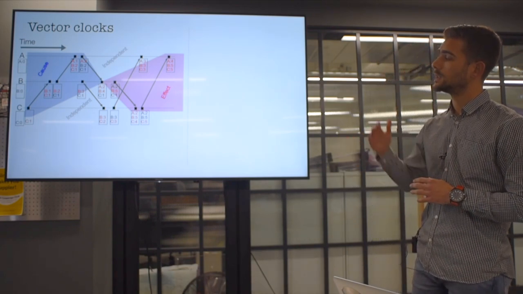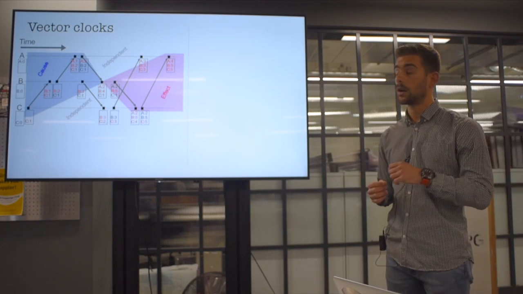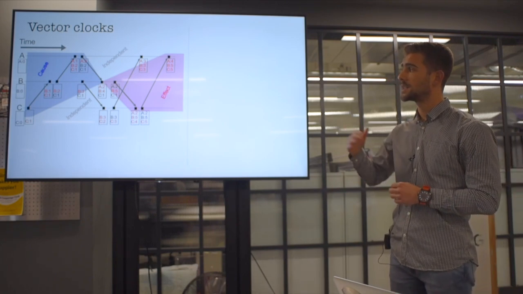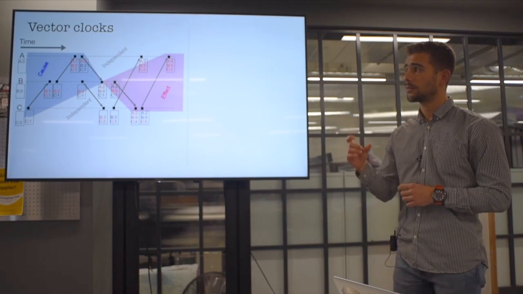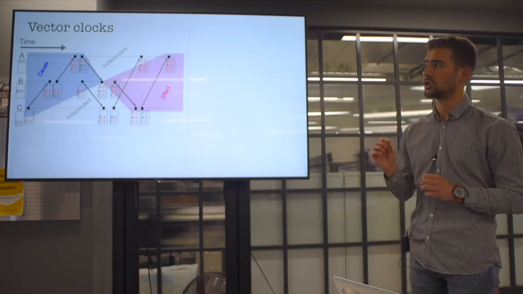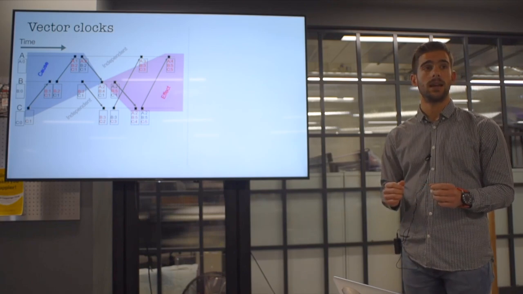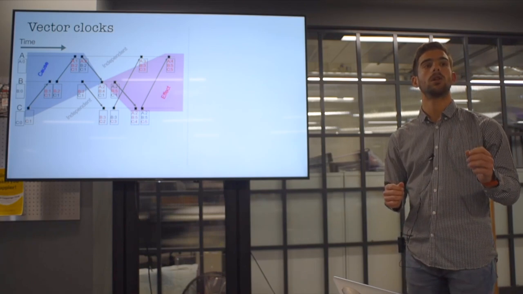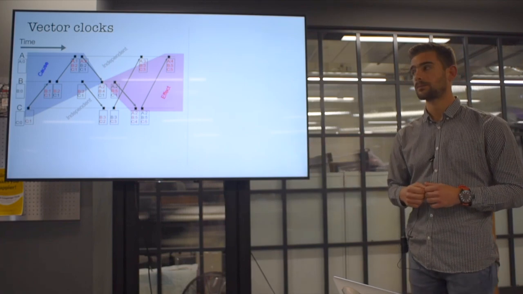So the way you do that is you have a vector of integers, one for each actor, and that is maintained by all the actors. That vector starts from 0, and every time an actor sends an event to another actor, it increments the integer for its own clock and sends the whole vector to the other actor.